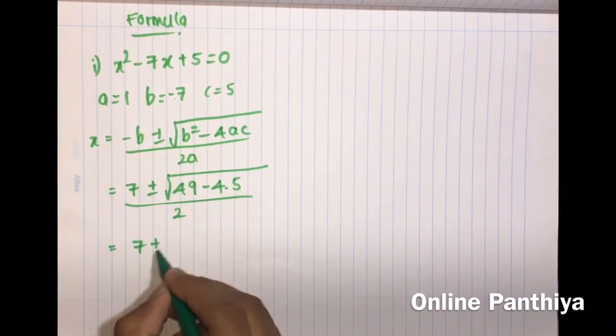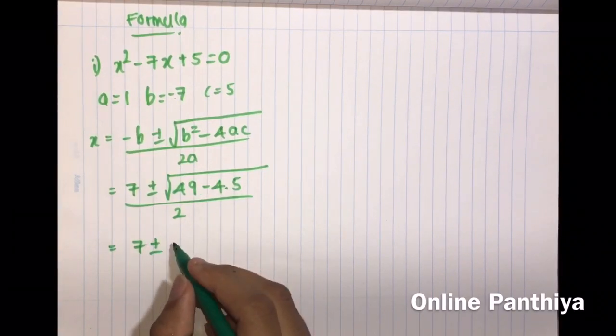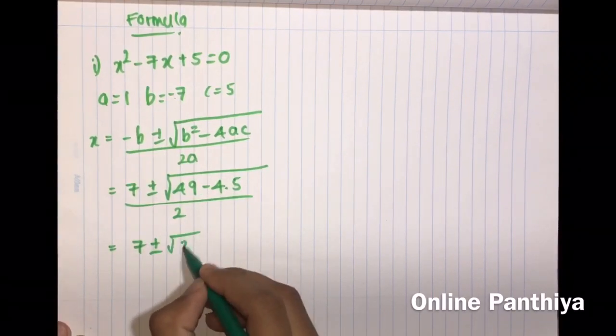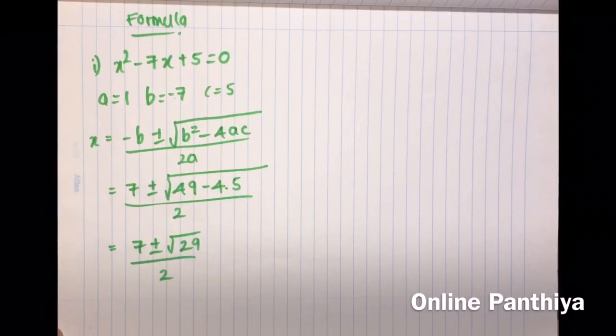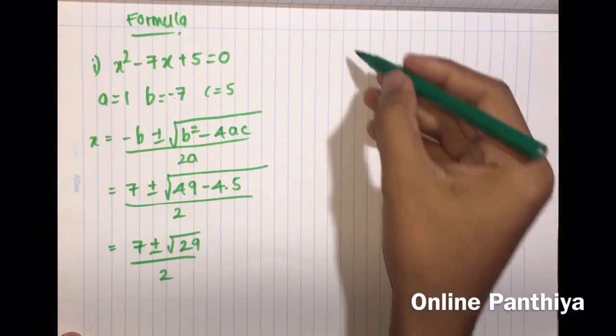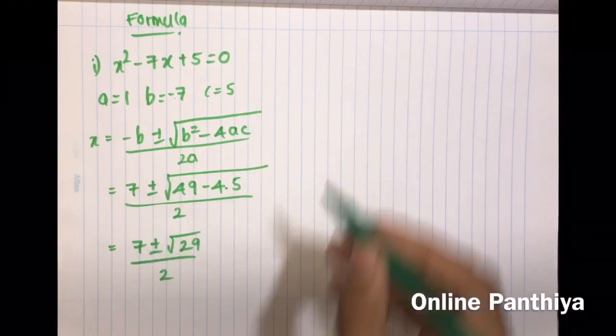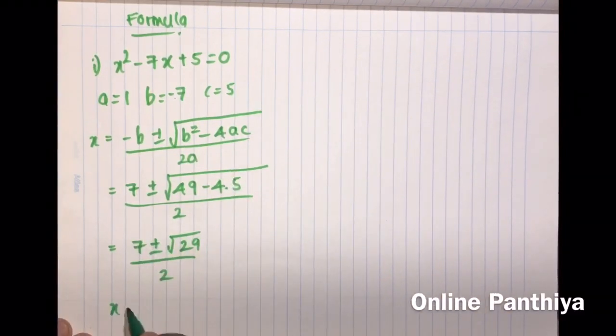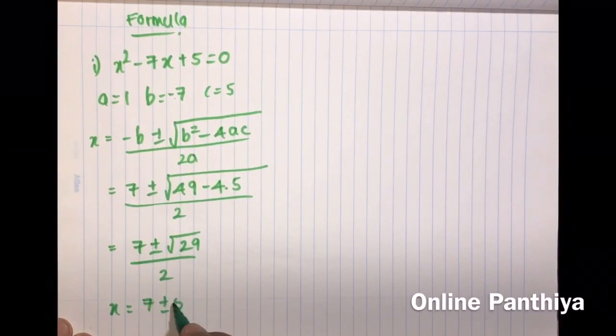That will give you 29, right? Yes, square root of 29 over 2. I'm giving you the value: square root of 29 is equal to 5.38.